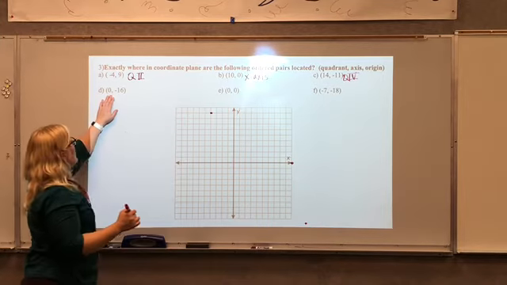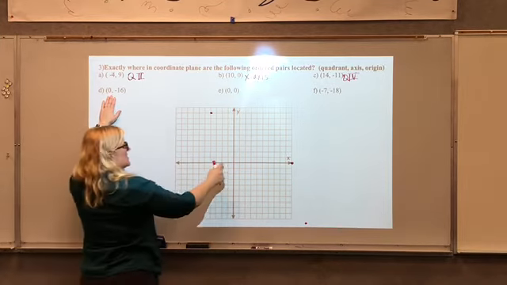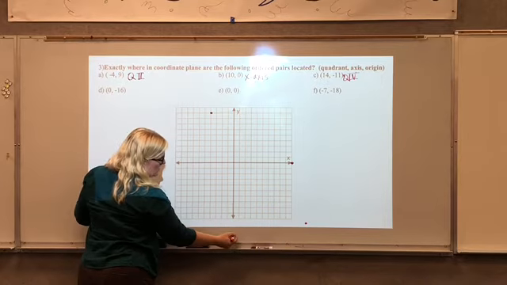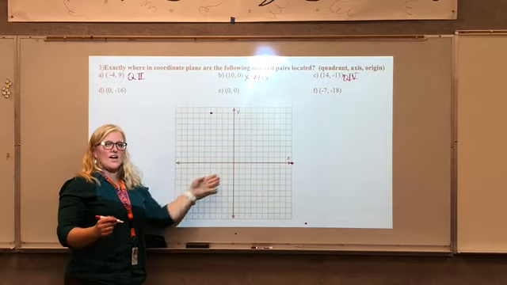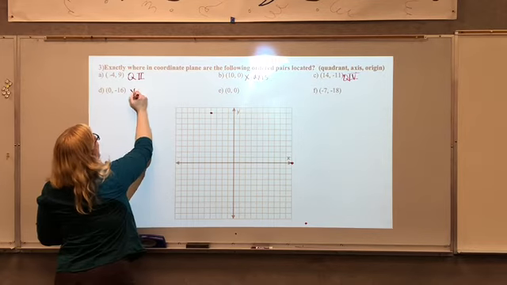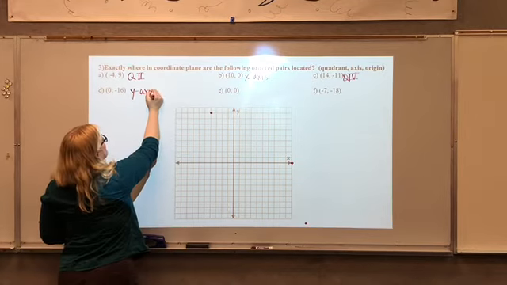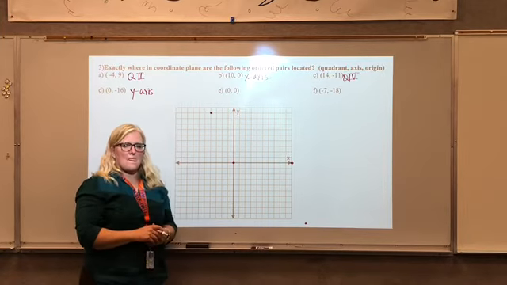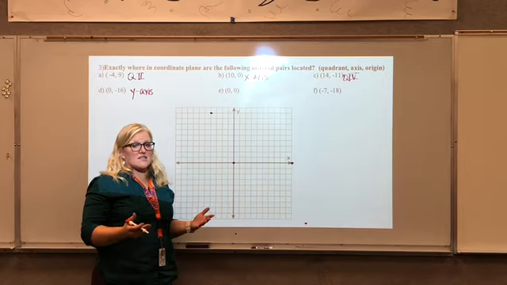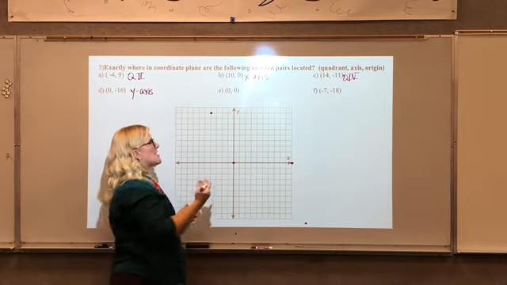Okay. Here we have 0, -16, which is going to be clear down here. There again, it is not in a quadrant, it's on the y-axis. What about 0, 0? It's on the y-axis and it's on the x-axis, but it's the origin.